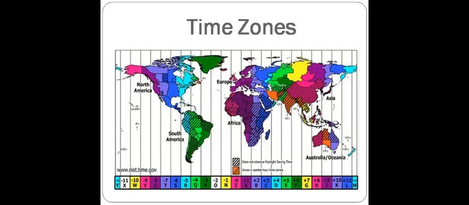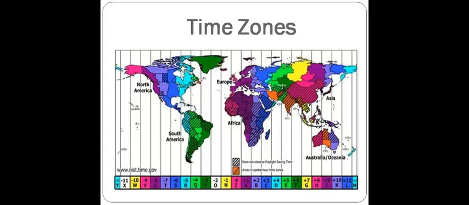So India is in between +5 to +6, around India. If you see, it's 5 hours and 30 minutes ahead of GMT, because India is located in the eastern hemisphere. So again, I'll tell you, eastern hemisphere countries are ahead and western hemisphere countries are behind the timeline.